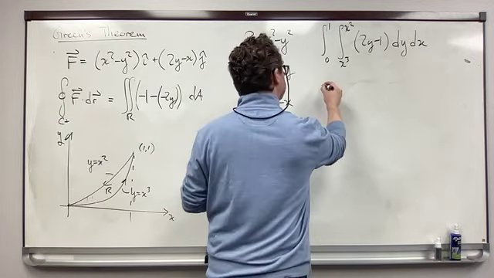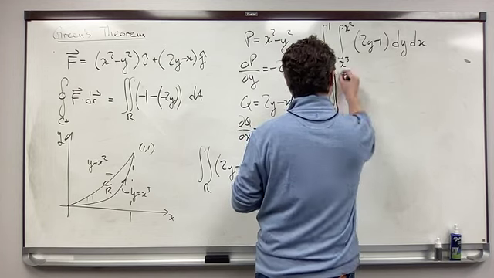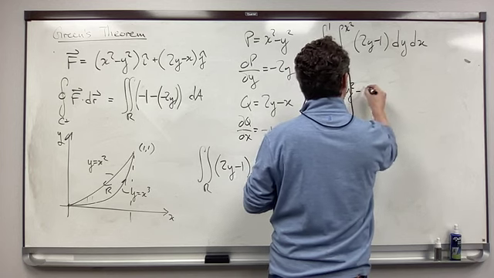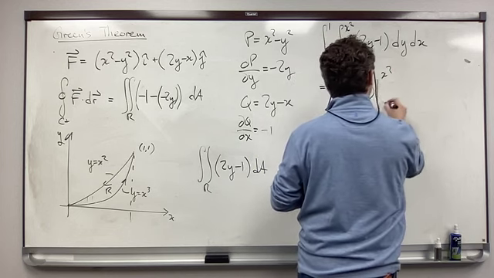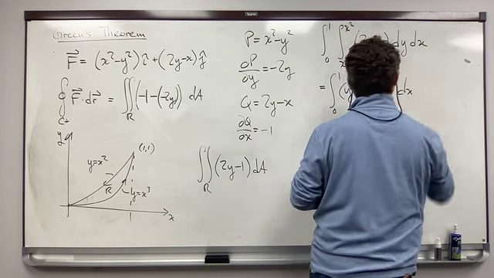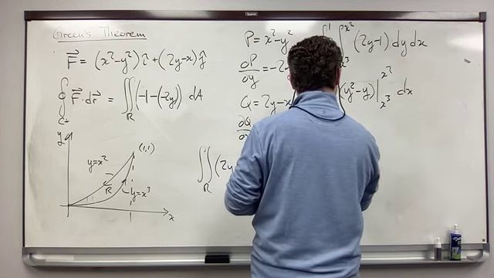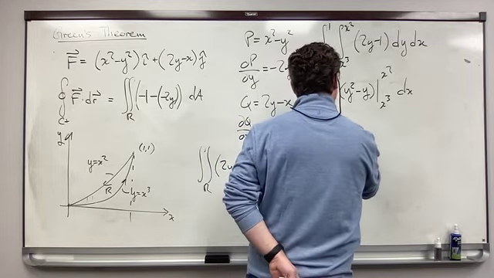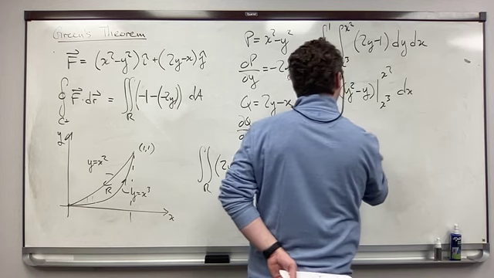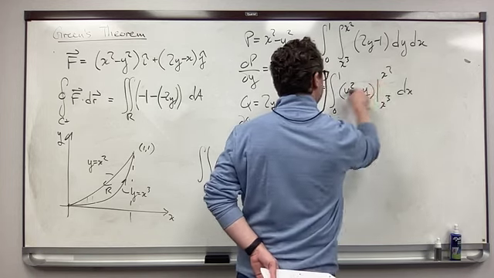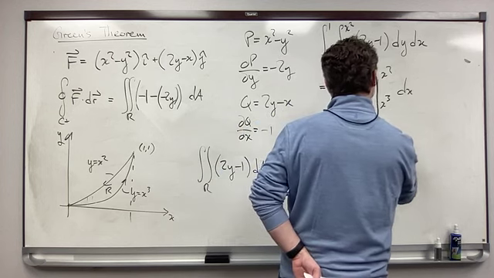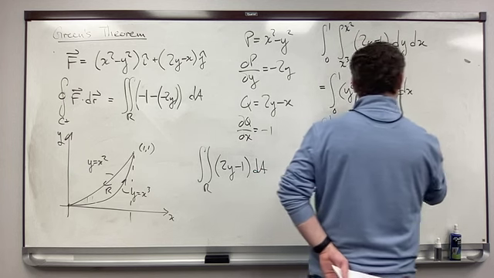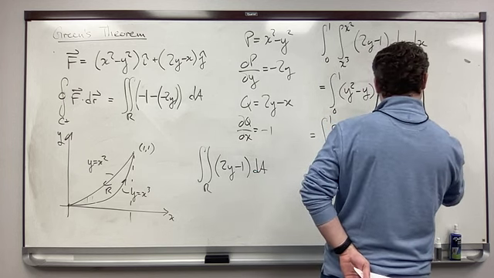So this thing becomes 0 to 1, and then we'd have 2y squared over 2, so y squared minus y, from x squared to x cubed, dx when this is done. So this will be a polynomial. You put in x squared, so this becomes x to the 4 minus x squared, then minus x cubed here, so this becomes x to the 6 minus x cubed, dx.